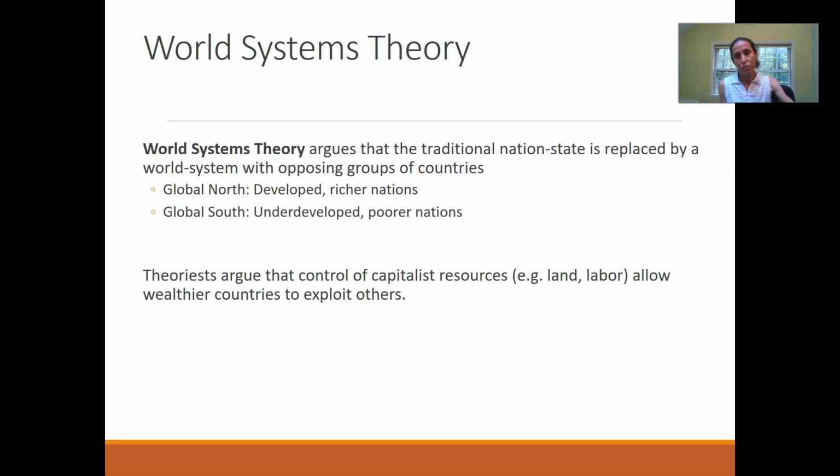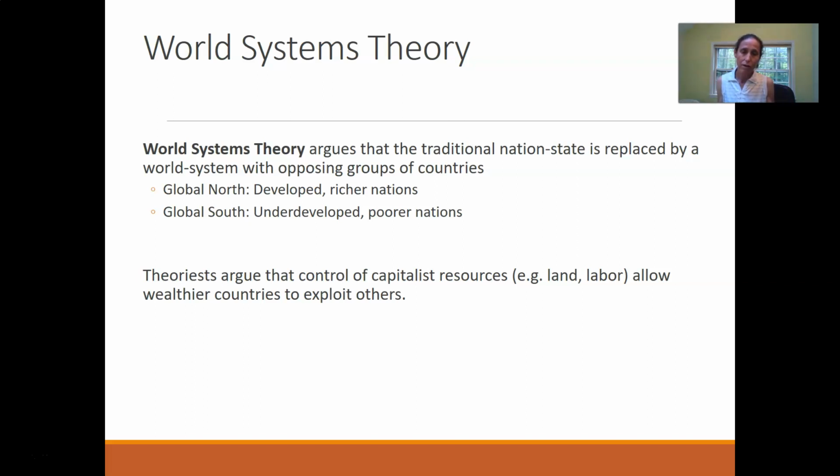Another theory that's important to know is world system theory. And here the argument is that we shouldn't be focusing on countries, but we are talking about regions, and those are not necessarily geographic regions, but socioeconomic regions. And we're talking about the geopolitical global north, which is the developed countries, the richer countries, and the geopolitical global south, which is the underdeveloped and poor countries.